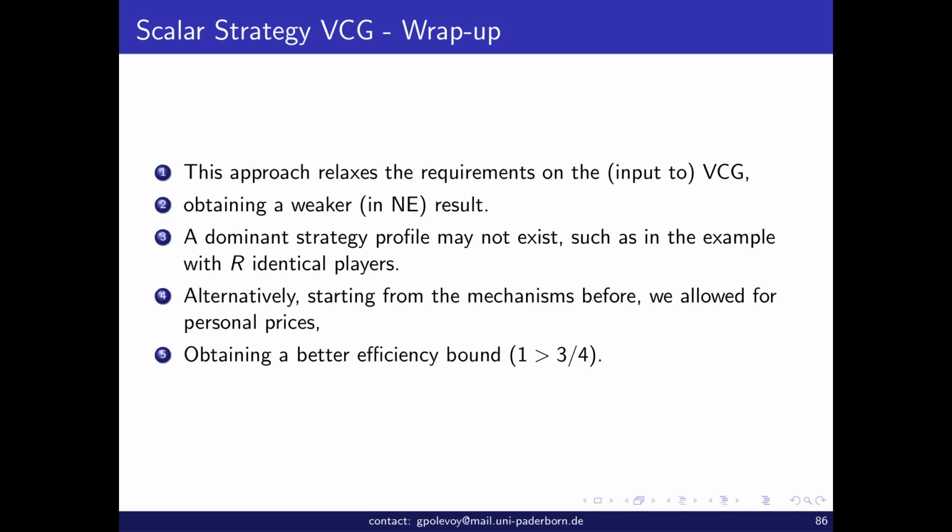We allowed for personal prices, so we gave it more power. And therefore, we obtained something better. We obtained an efficiency of 1. We always have an optimum Nash equilibrium. Sometimes we even were able to prove that it's the only optimum, but at least there is one optimum. Relative to this 3/4, we obtained something better.